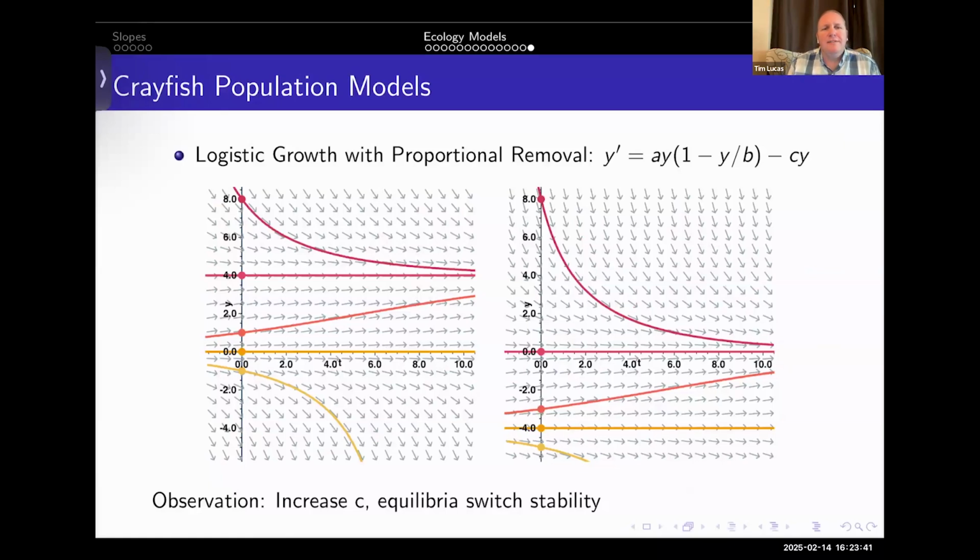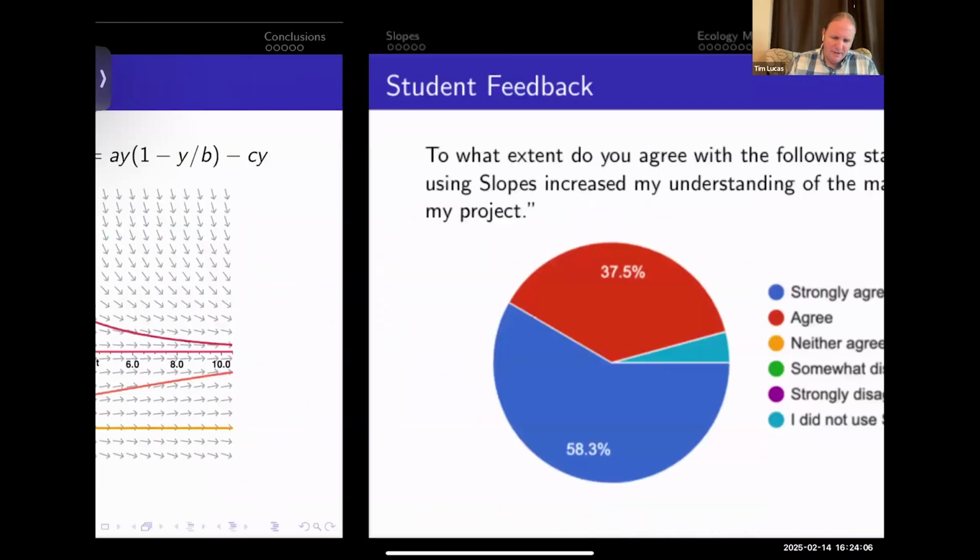In this case, you always end up having two equilibriums because zero is always an equilibrium, but the equilibria switch stability. And so it's another investigation that leads them to those first concepts of bifurcations.